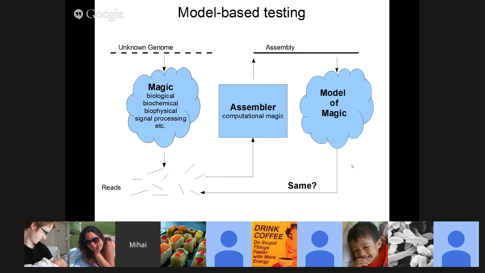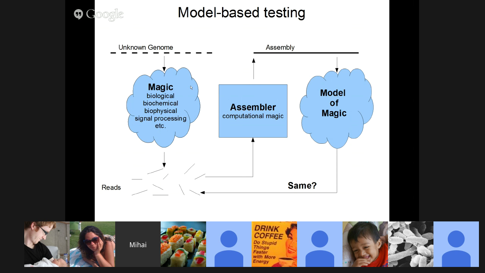Another way of looking at the assembly, trying to understand if it's correct, is a really neat way of thinking about the problem: in probabilistic terms. You have some unknown genome, so we don't know what we reconstructed. We have a biological process to generate reads that I generally call magic.